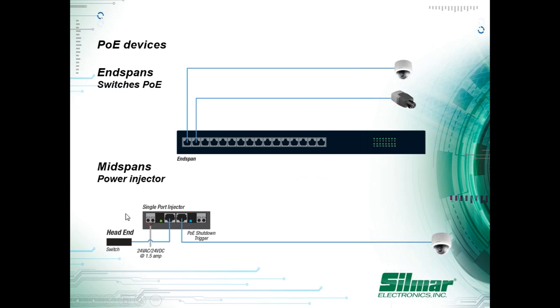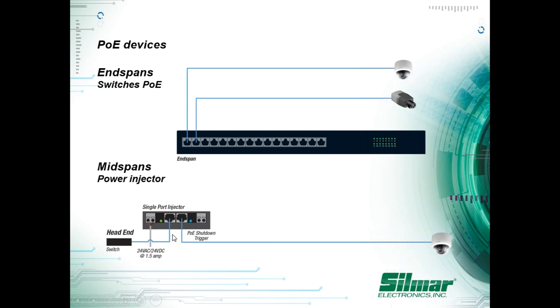Well, we find that in some of the bigger installations where there was an existing layer 3 switch, or the IT department wants your system to be installed on a VLAN, you're not going to resell them switches. All you need to do is keep their switches, like you see in the example here. So there's going to be a switch on the head end.